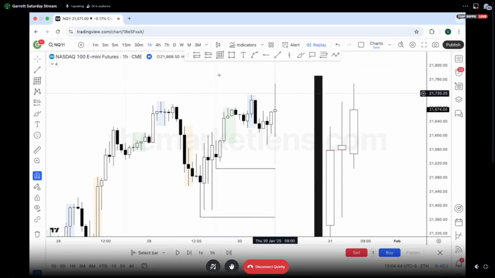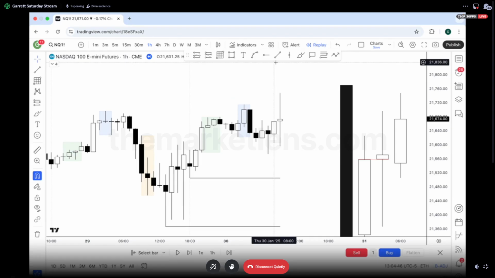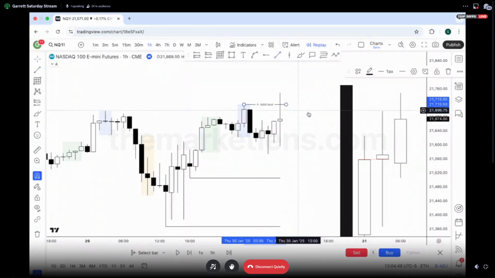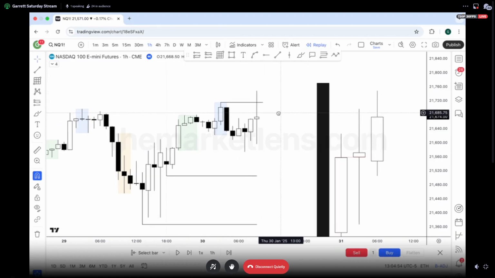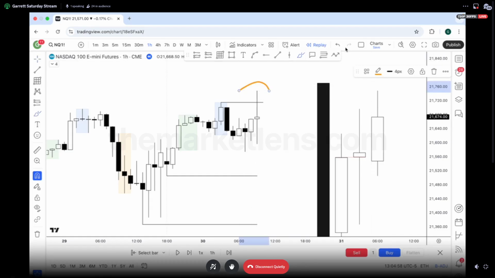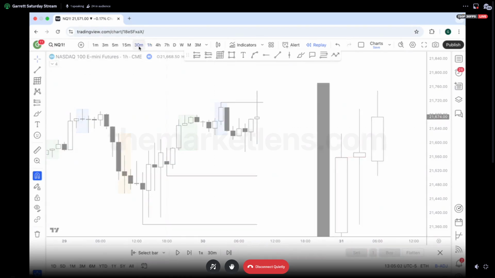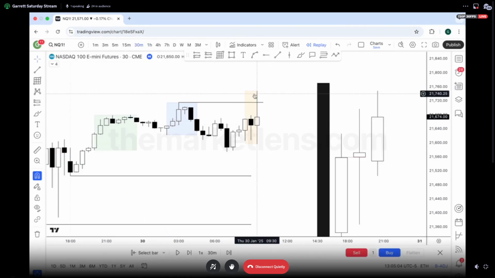It's all good though. But you see how the high of the day at the time was created from manipulation. That's what I love to see. If I want to get to an area, I need to have a protected swing to trade it from manipulation, so I can get expansion to that level. So I use the 30-minute chart here. I have a 30-minute close. I pair a manipulation with the driver.